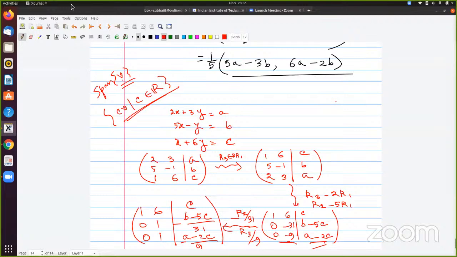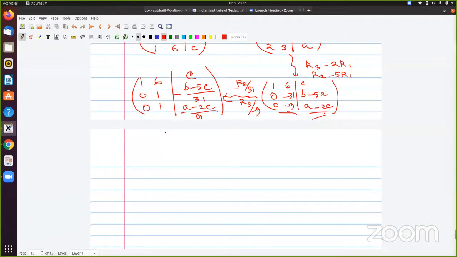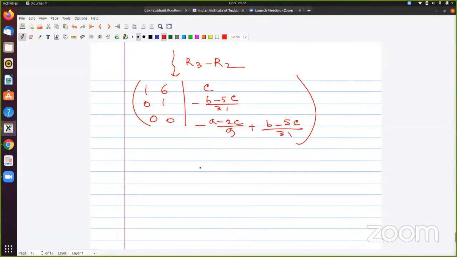Yes. Then we can do R3 minus R2. Okay. So what does it mean?